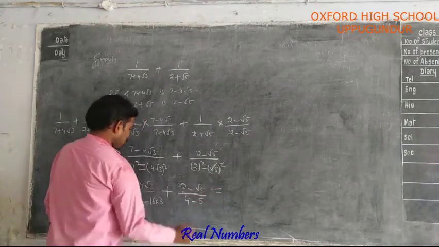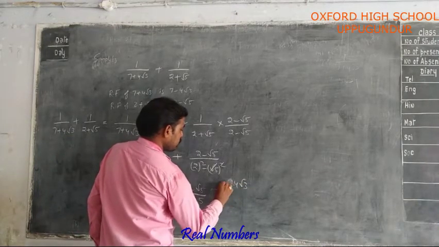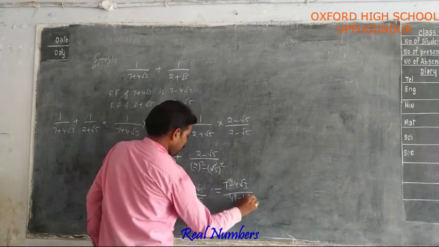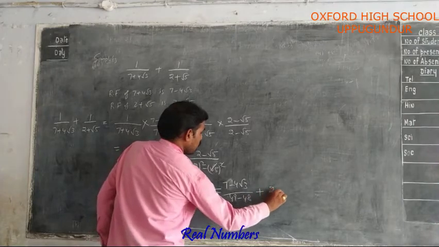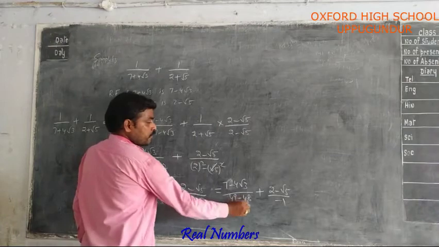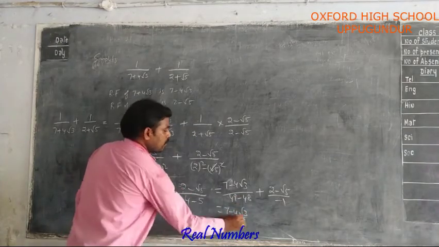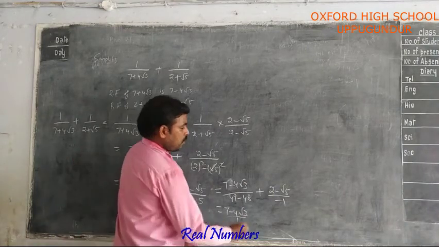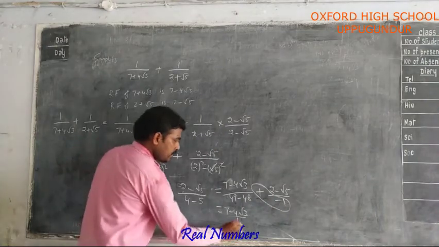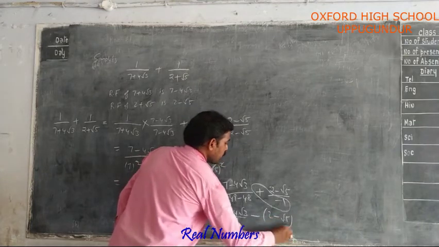So this is equal to 7 minus 4 root 3 by 49 minus 48, plus 2 minus root 5 by minus 1. So 49 minus 48 you will get 1. So 7 minus 4 root 3 by 1 means the same. Here the numerator and denominator have opposite signs, so the sign of the division is negative: minus 2 minus root 5.